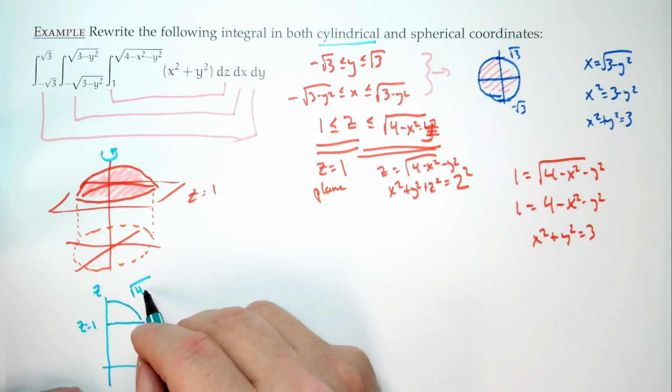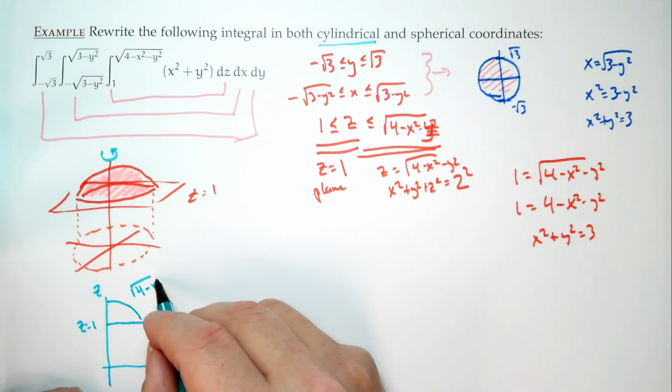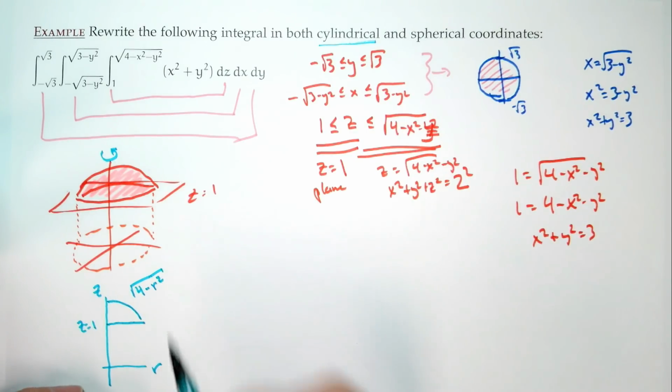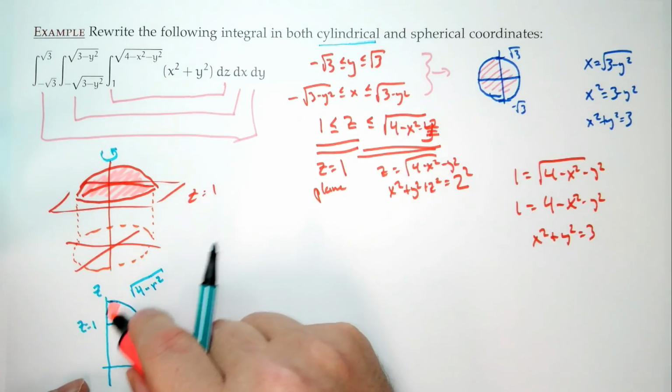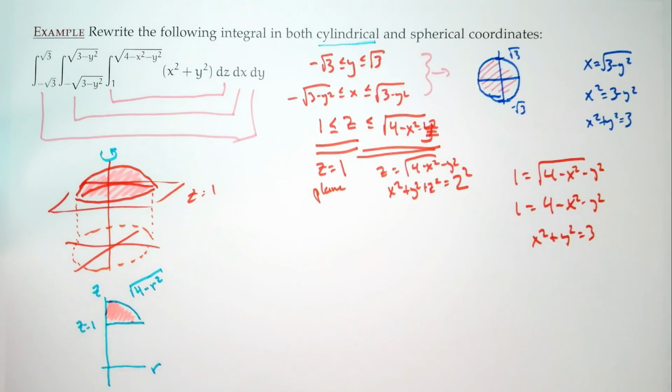In cylindrical coordinates, x squared plus y squared becomes r squared, so it's the square root of 4 minus r squared. If you were to spin this around, that is what forms this shape.